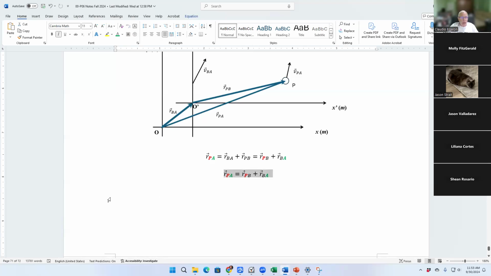If you want to get velocity right in here, all we have to do is make delta R over delta T, right? Here you go. Delta R over delta T.